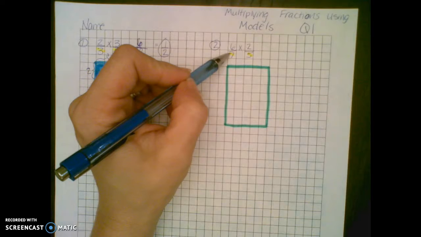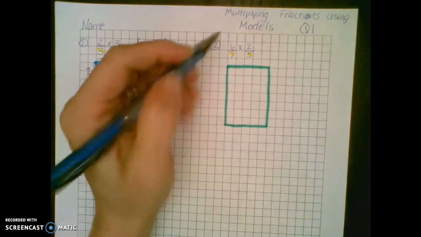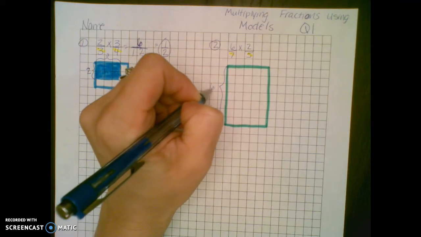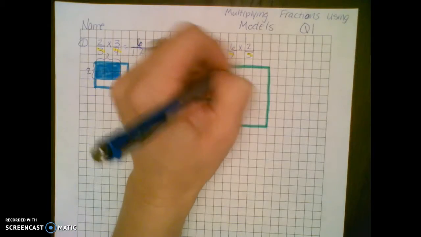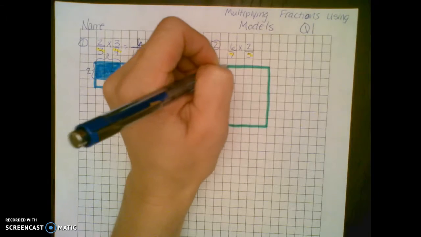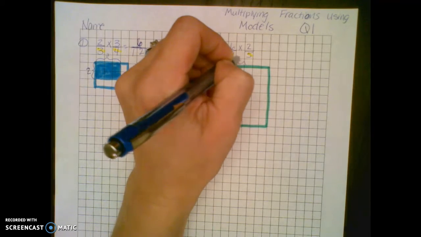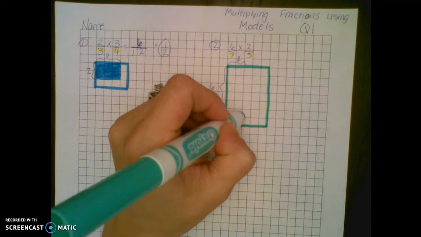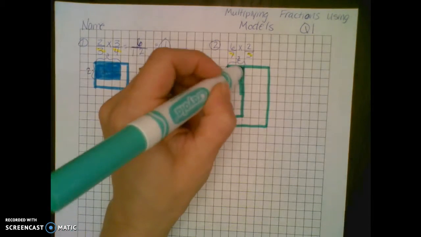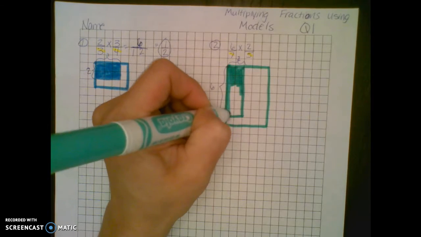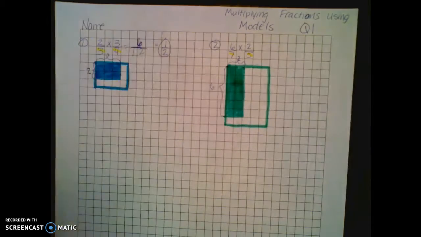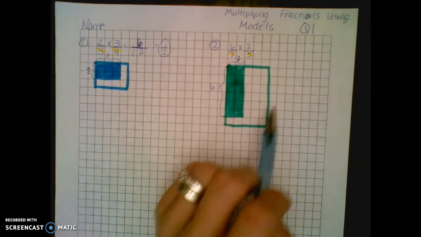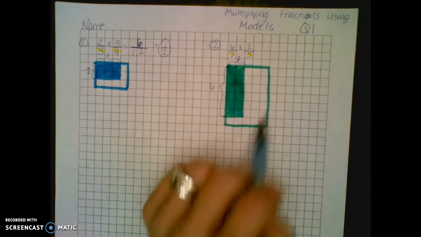Out of my 7 rows, I need 6, and out of my 5 columns, I need 2. So I'm going to shade in a 6 by 2 rectangle inside my model. Now I count. How many squares do I have in total?